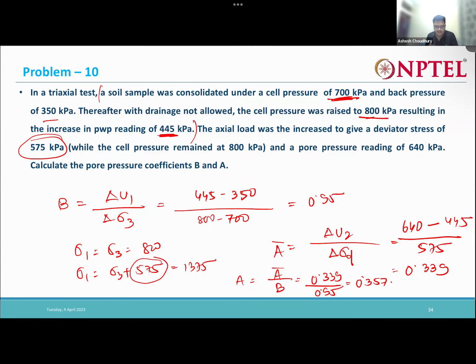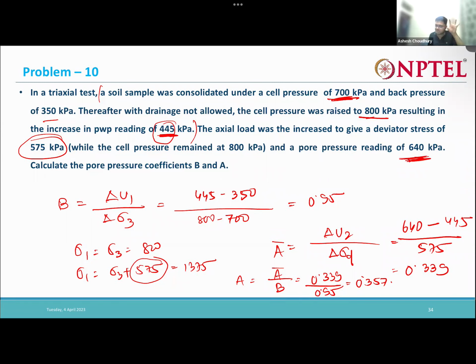The second part is that due to the increase in deviatoric stress from 0 to 575, my pore water pressure changes from 445 to 640. So the final pore pressure is 640.